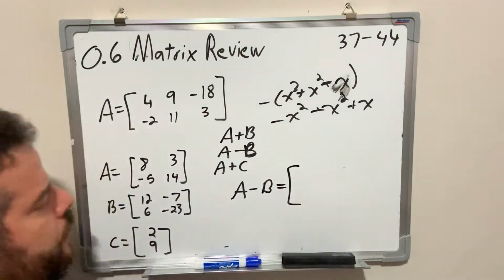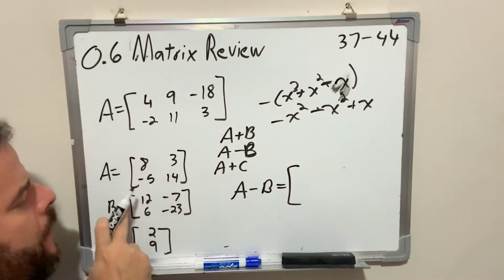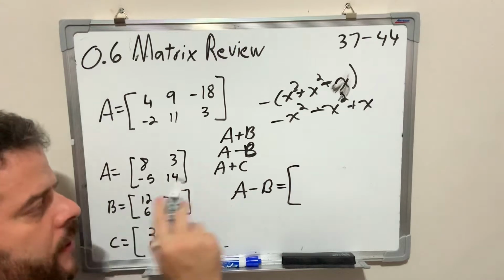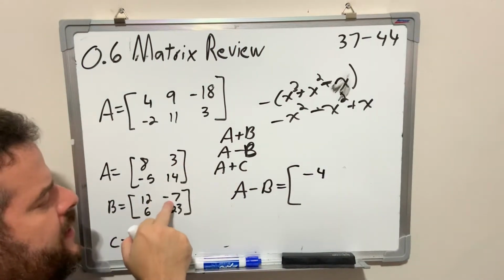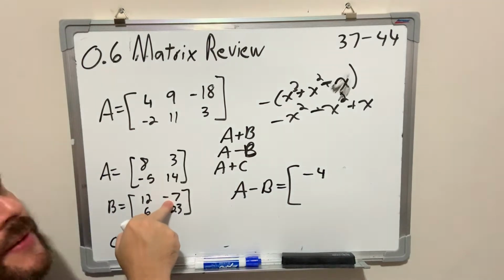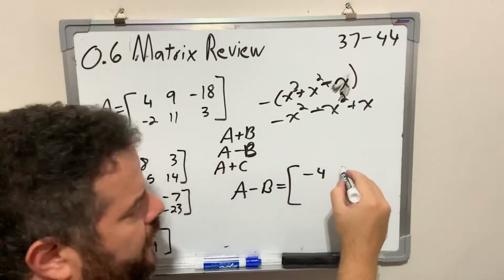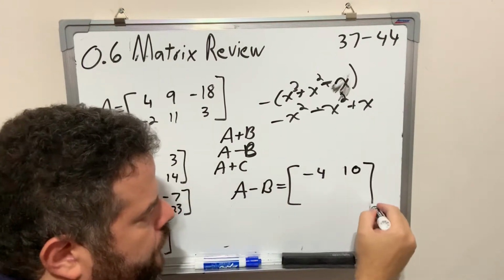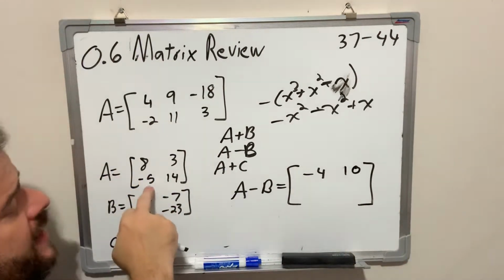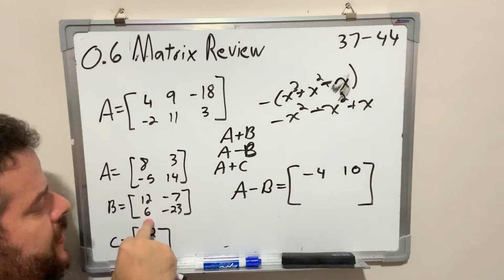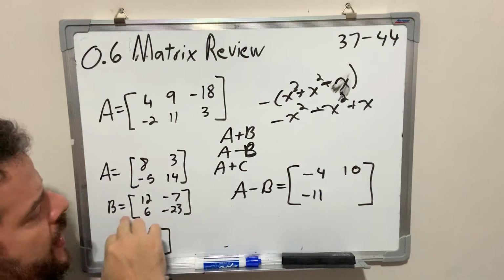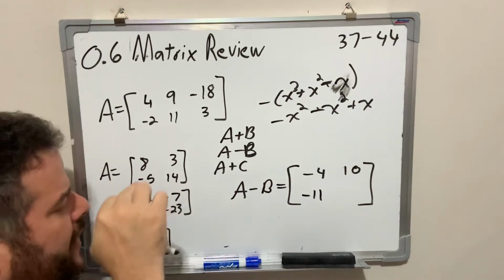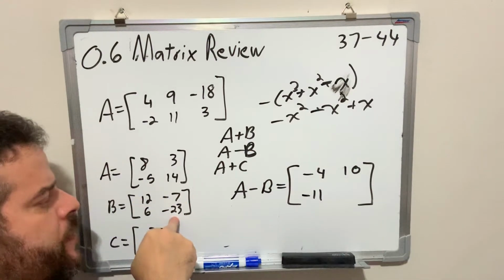So let's see. What is 8 minus 12? -4. 3 minus negative 7 turns this into a positive 7. So 3 plus 7 is 10. Negative 5 minus 6, negative 11. 14 minus negative 23 turns this positive.